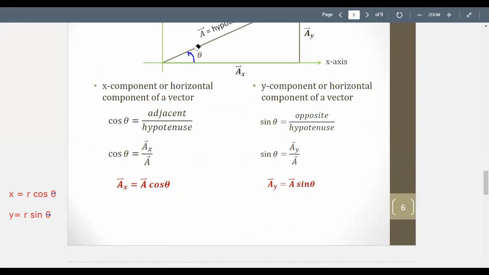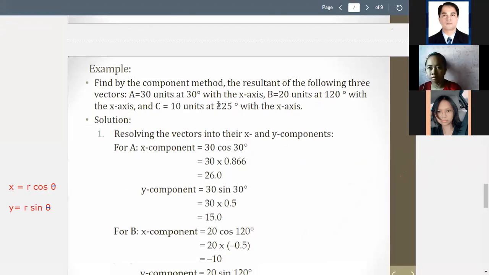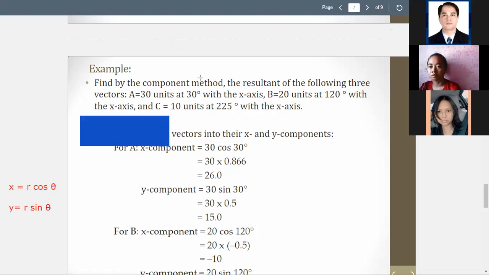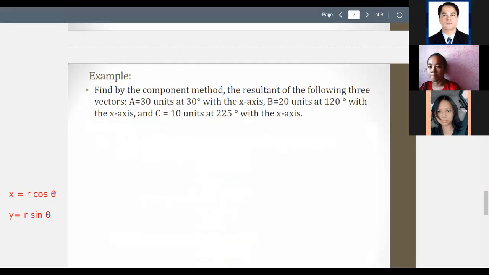So, we will have a practical example. This is a good solution that you are seeing now. But one thing that I would also do, first of all, is create a diagram for each of the vectors.